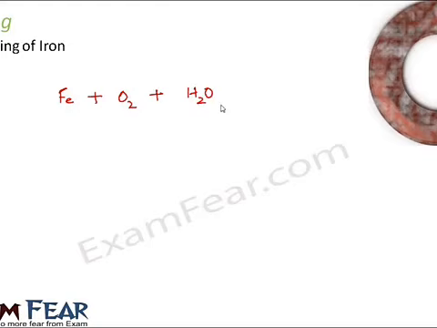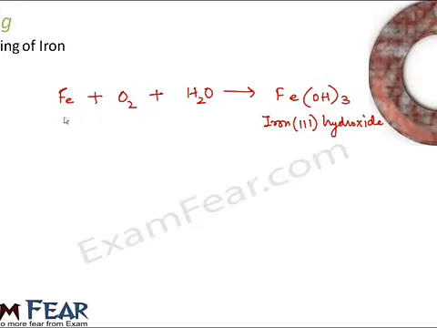It could also happen that the air is dry but there are some water droplets on this iron substance. So what will this form? This forms iron hydroxide, that is Fe(OH)3. If you want to balance the equation, this is how it would be.